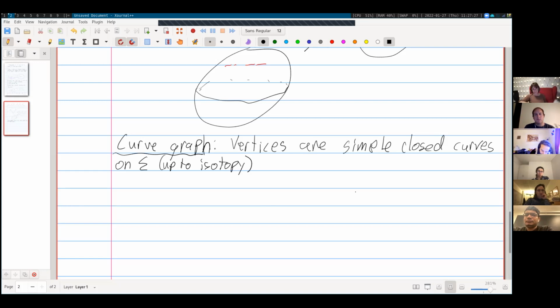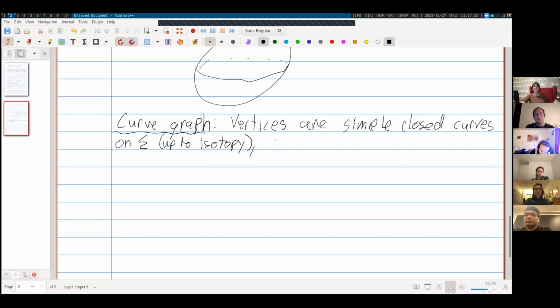And we say that these vertices are adjacent in the graph, connected by an edge, if they have disjoint representatives. So these are isotopy classes. Obviously you can always isotope any two curves so that they intersect, but if it's possible to isotope them so that they don't intersect, then they are connected in the curve graph.